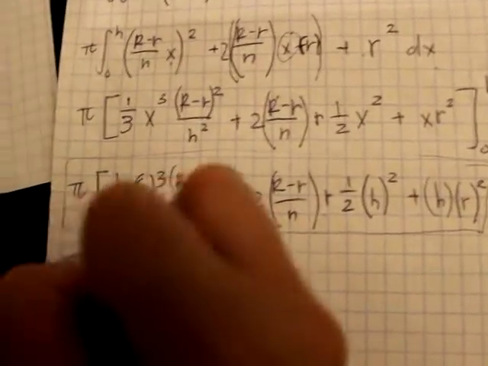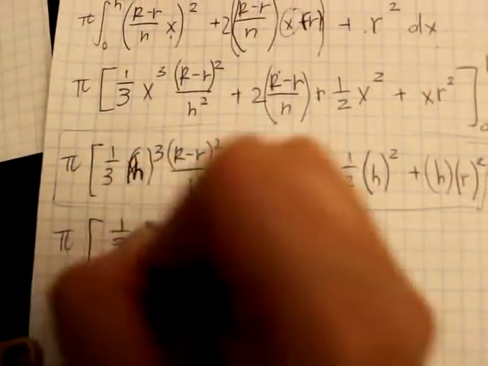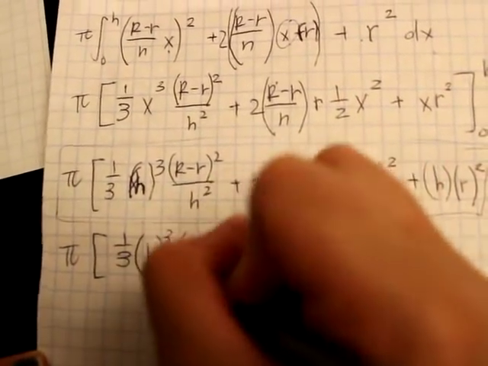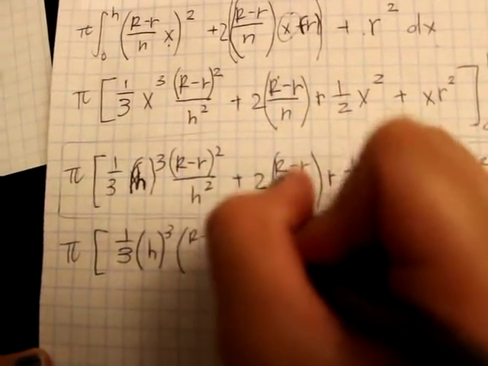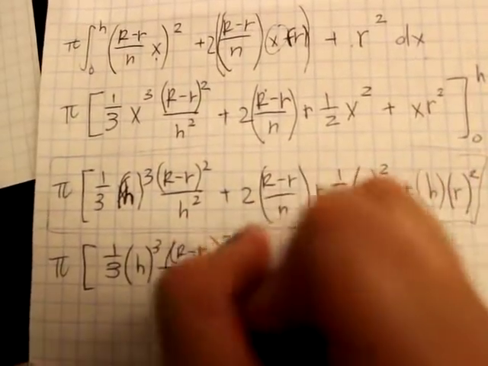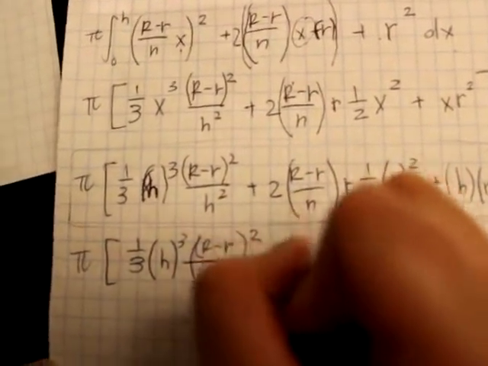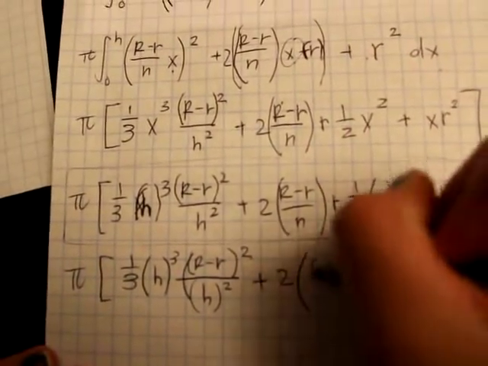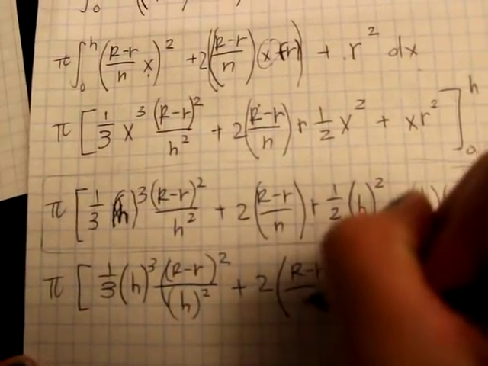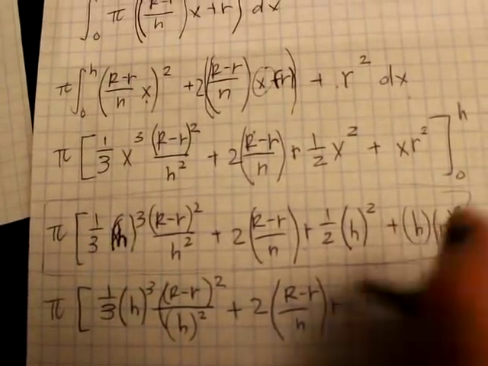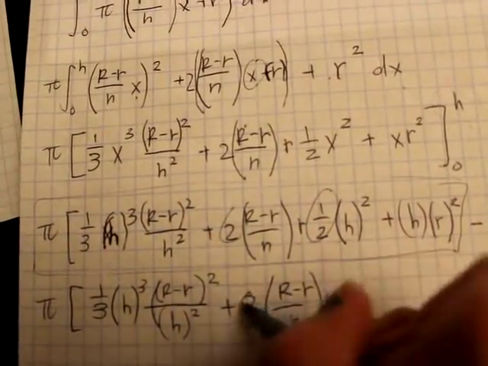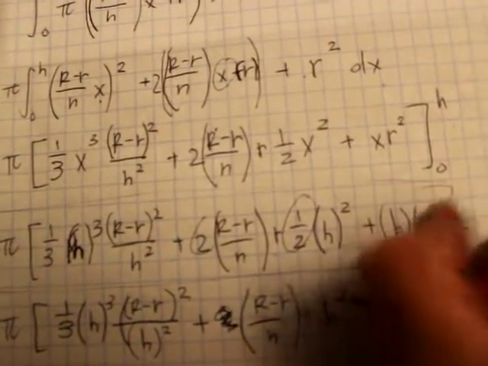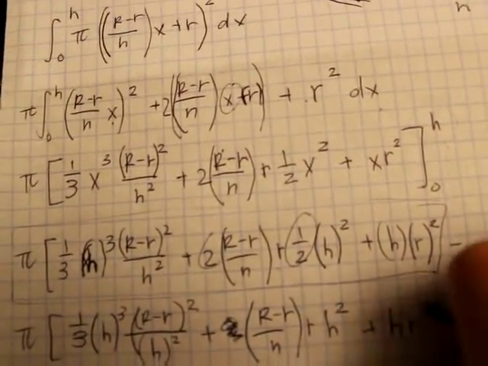I'm going to simplify this. H cubed times R minus r squared over h squared, plus 2 R minus r over h times r, times h squared plus h r squared.